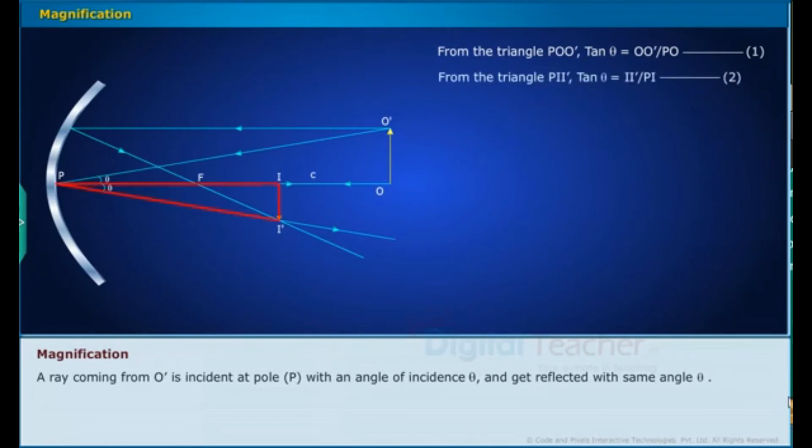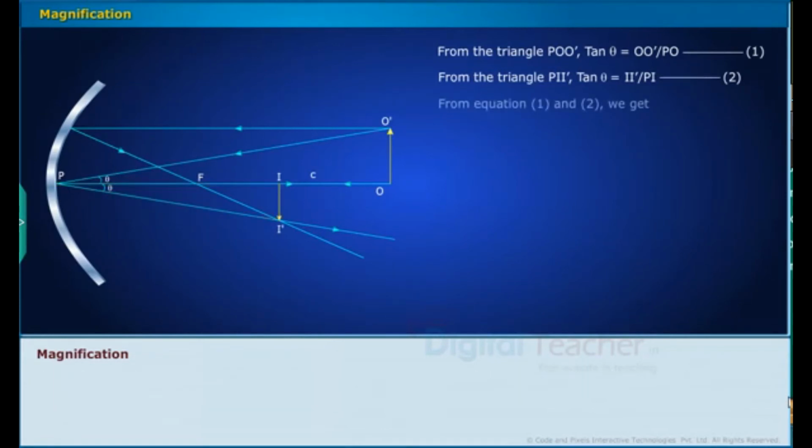From the triangle PII', tan theta is equal to II' by PI. Consider it as equation 2. From equations 1 and 2, we get II' by OO' is equal to PI by PO. Consider it as equation 3.